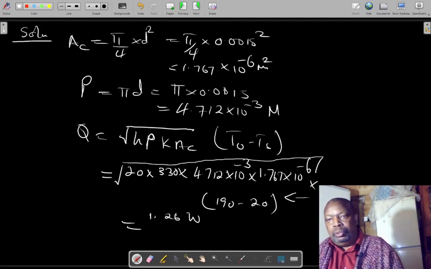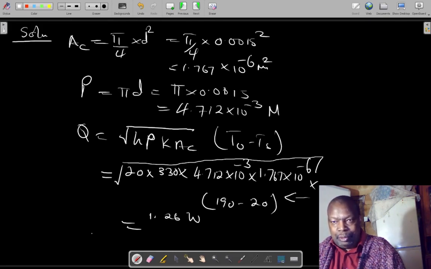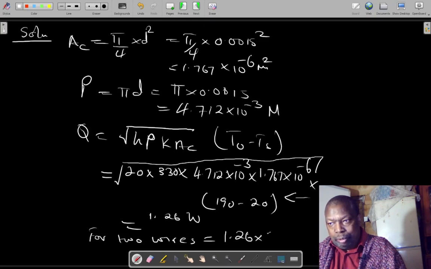That is for each wire, but we have two wires, so for two wires it is 1.26 times 2, which is equal to 2.52 watts.